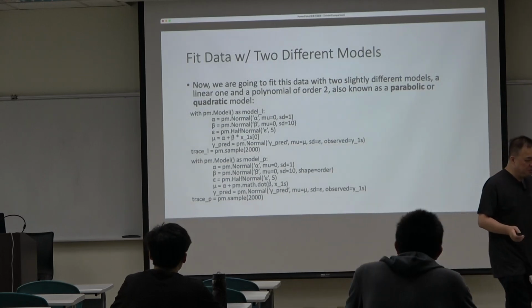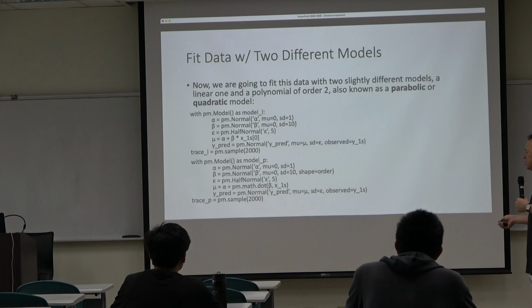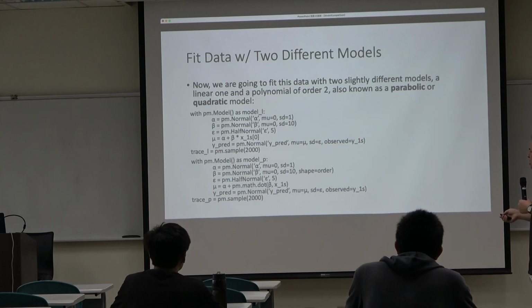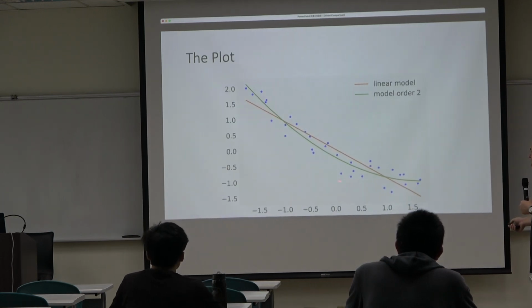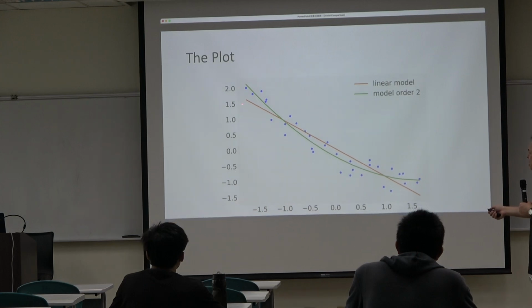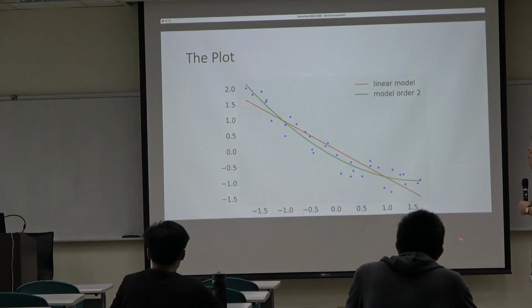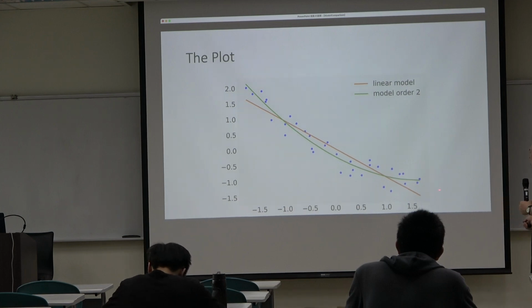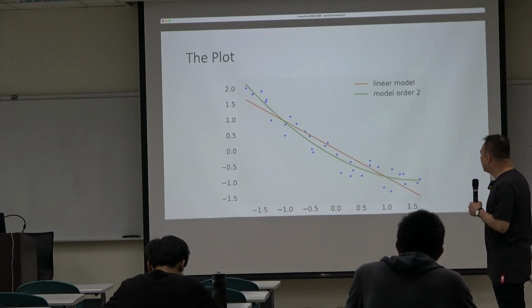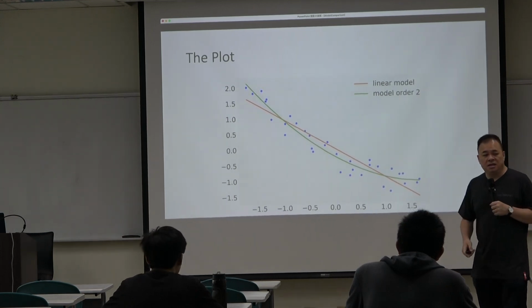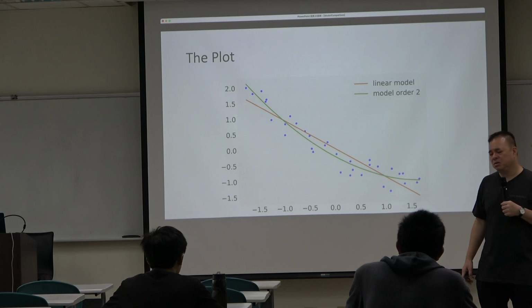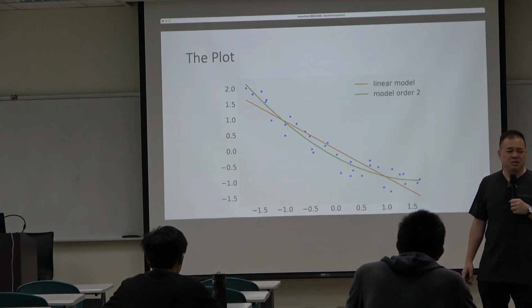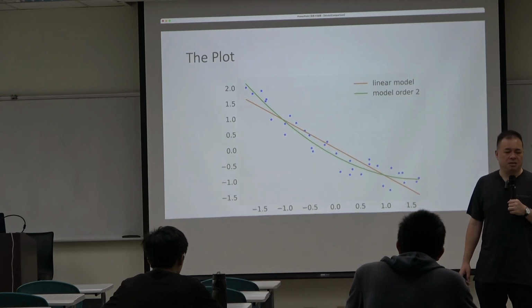But if you put them on these data points and visualize the result, you will find that the orange one is the linear model, and the green one represents the quadratic model. Keep that in mind, because later on in all the figures, you will have to remember: the orange one represents linear, the green one represents quadratic.